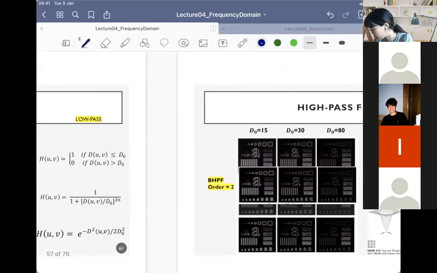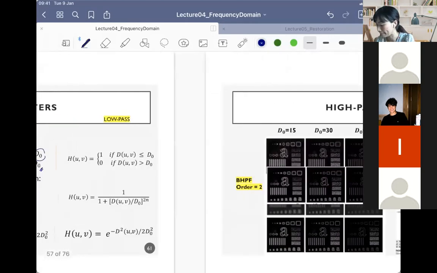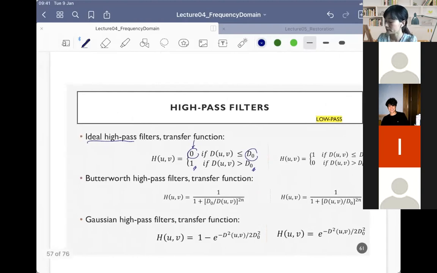Here is the low pass filter from previous slides, which I copied here. So you can use 1 minus the low pass filter to get the high pass filter for Butterworth and Gaussian filters as well.